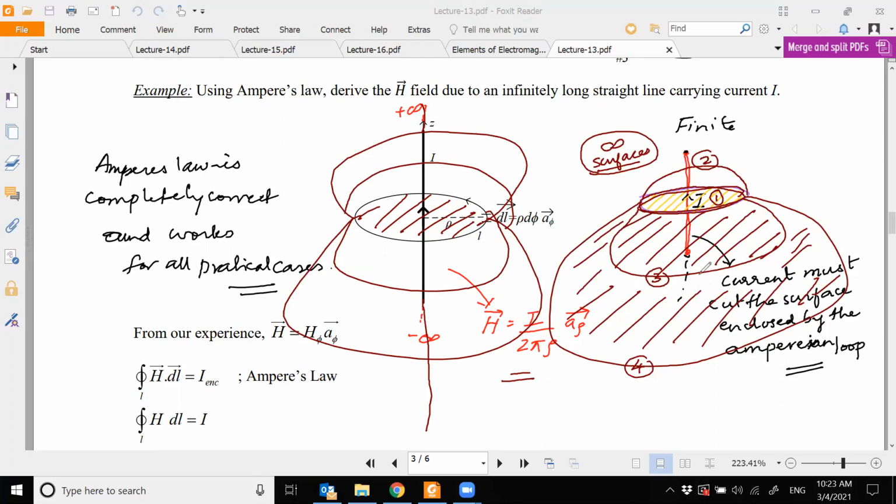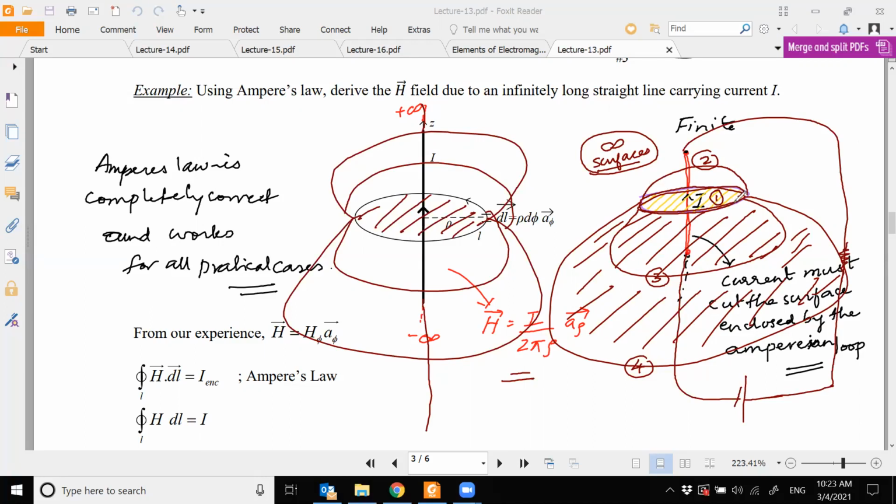And in practical cases, you cannot have a hanging wire carrying current. Eventually, this wire will definitely be connected to some source. If it is connected to a source, or to a source with the help of a load, even when it is a transmission line, then the circuit is closed and all the surfaces created by this Amperean loop will be cut.